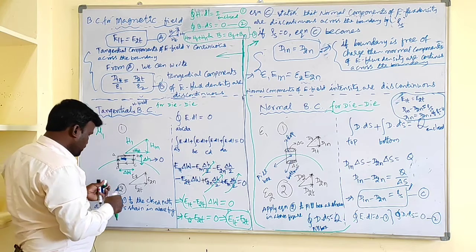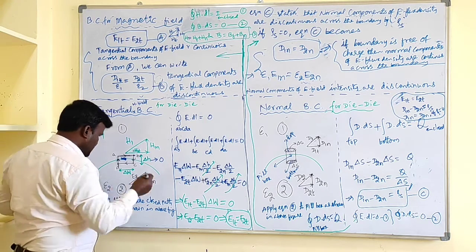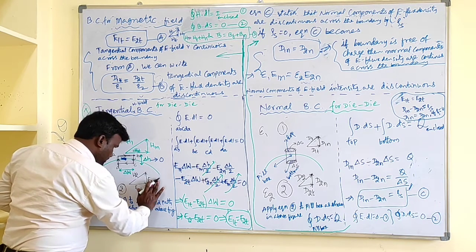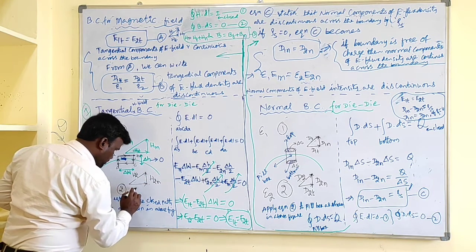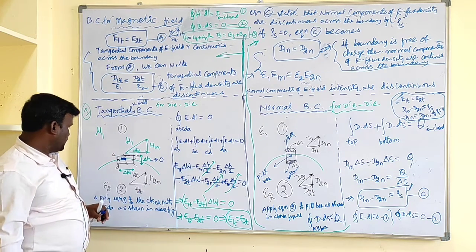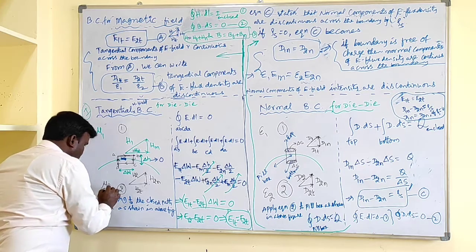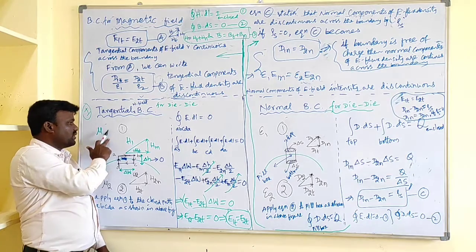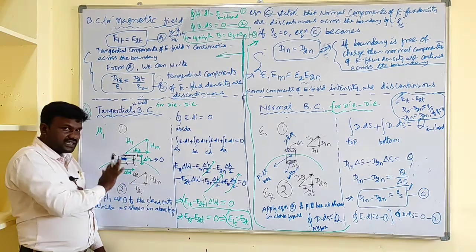Here E2 should be replaced with H2, E2n with H2n, and E2t with H2t, the tangential component of H2. And epsilon 2 is replaced with mu2. The first medium is characterized by mu1, in which H1 exists, and the second medium is characterized by mu2, in which H2 exists.